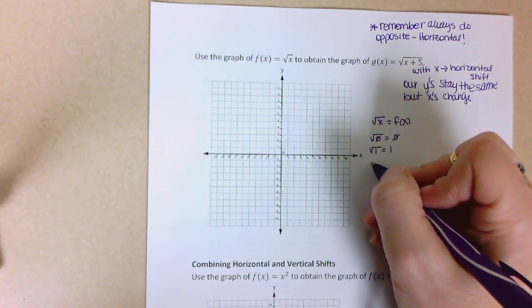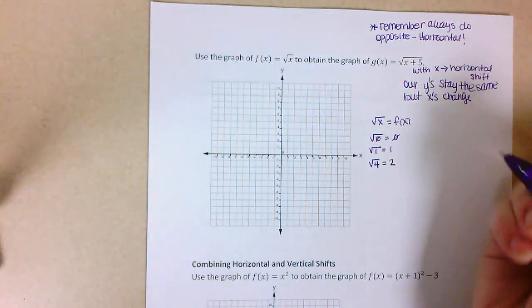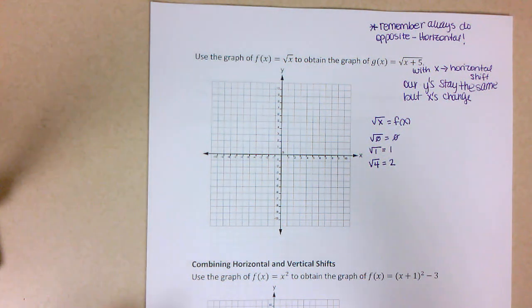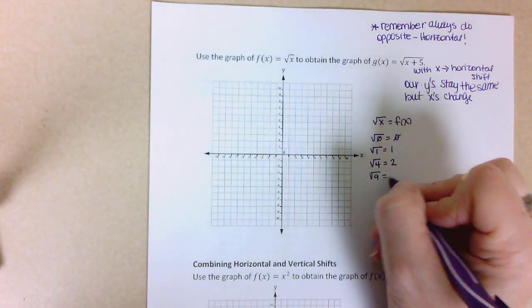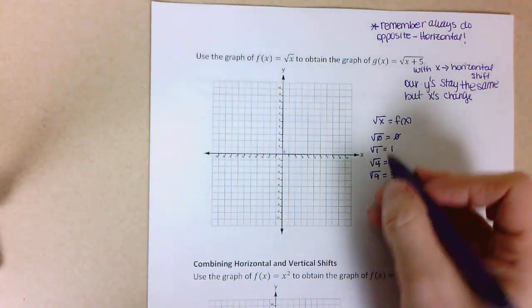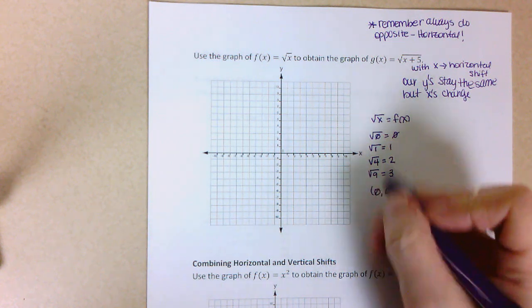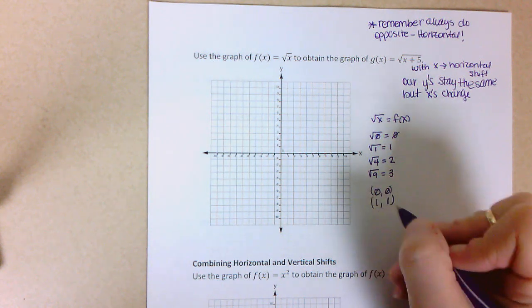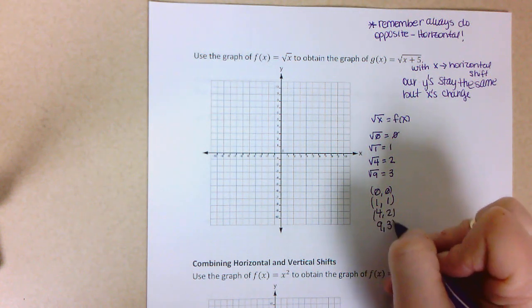Square root of 4, that equals 2. If you want to do a long one, we could do square root of 9. That's fine. Let's do that. That equals 3. So let's write these as ordered pairs. So 0, 0, 1, 1, 4, 2, and 9, 3.